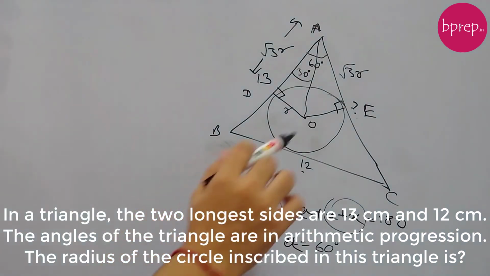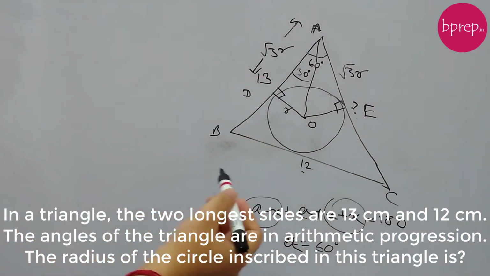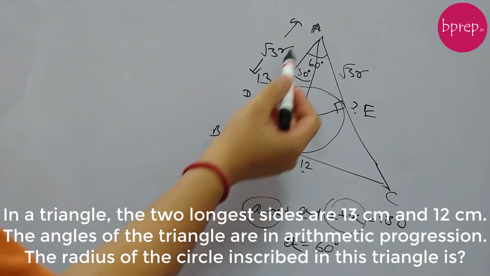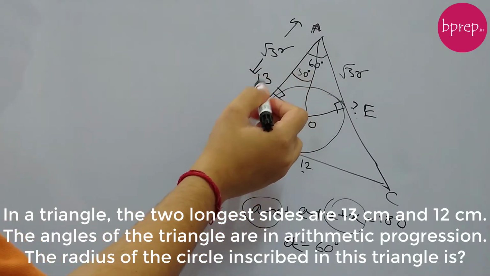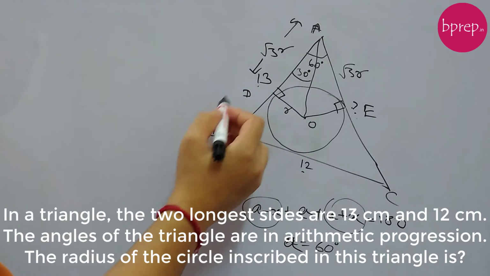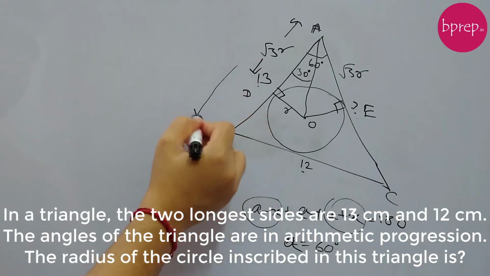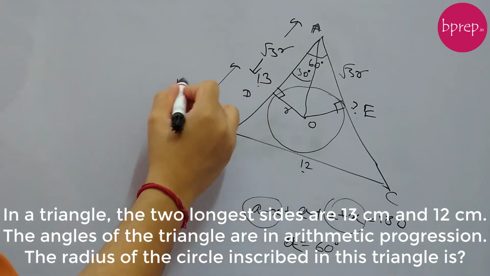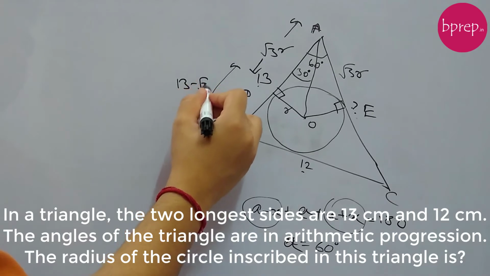So let's leave this side and go anti-clockwise. If the total length is 13 and this is root 3R, then this length BD will be 13 minus root 3R.